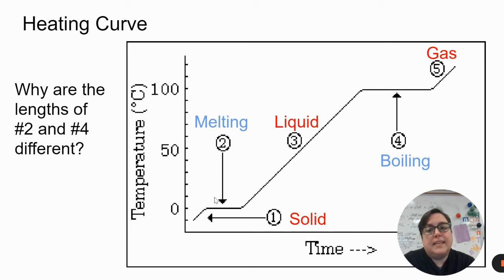Okay, notice that the lengths are also different. So the melting plateau is smaller than the boiling plateau. Why is that? What's happening? Well, it takes a lot more energy, a lot more potential energy to separate the liquid into the gas phase than it does to go from melting or from the solid to the liquid.